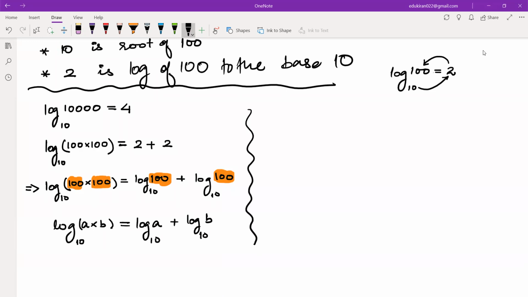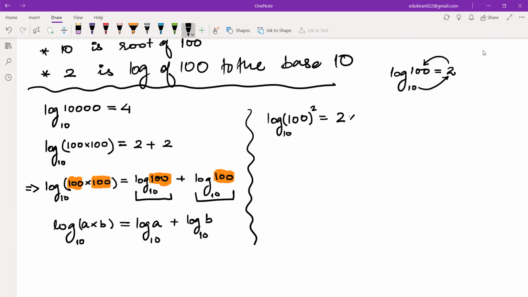Again, you see this here, and I'm writing this like this. Log base 10, I can write this as 100 square, yes or no? Can I write this as 100 square? Yes, sir. Then I can say now that this is one term, this is another term, and these two terms are same. That means there are 2 times log 100.